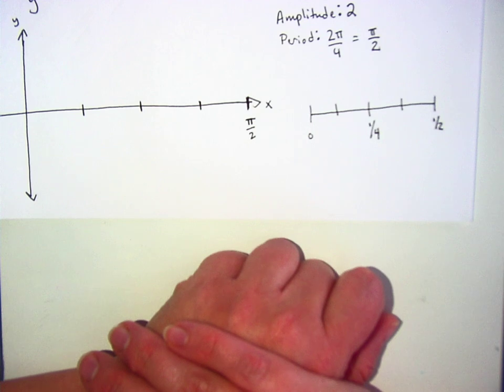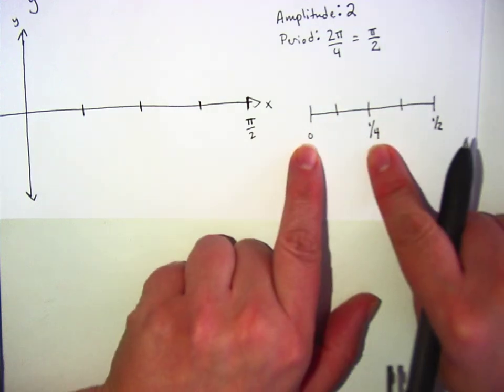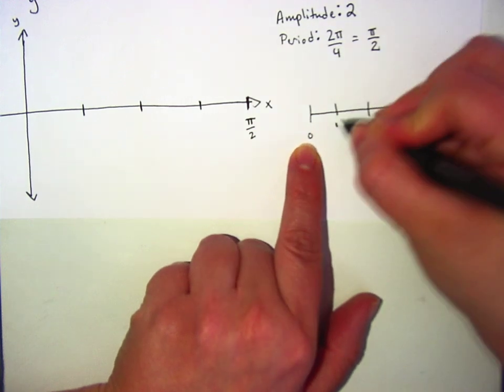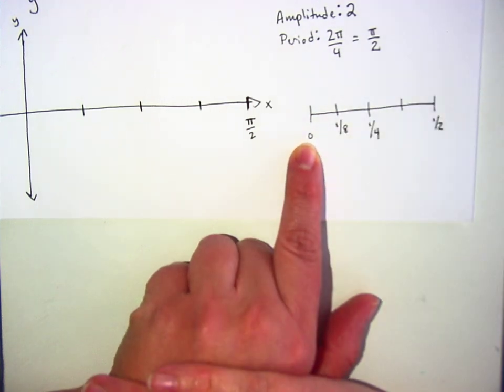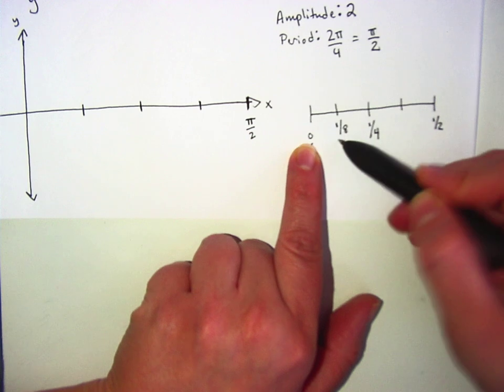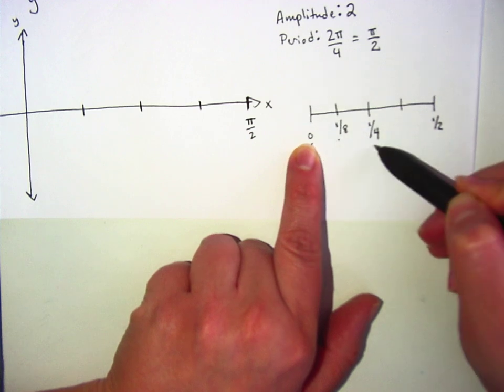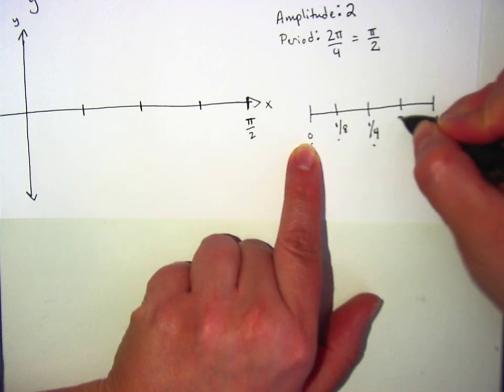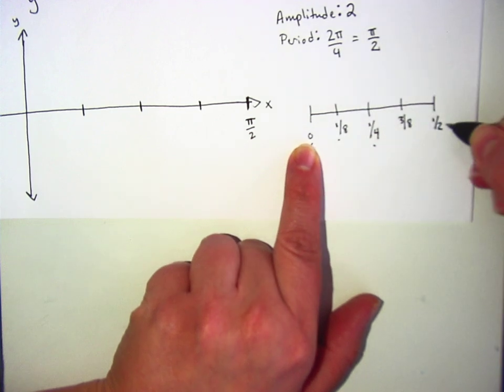Yes. 1/2 times 1/2 is 1/4, right? What's half of a fourth? 1/8. So you can think about this being 0, 1/8, 2/8, 3/8, 4/8 reduces to 1/2. Everybody okay with this?